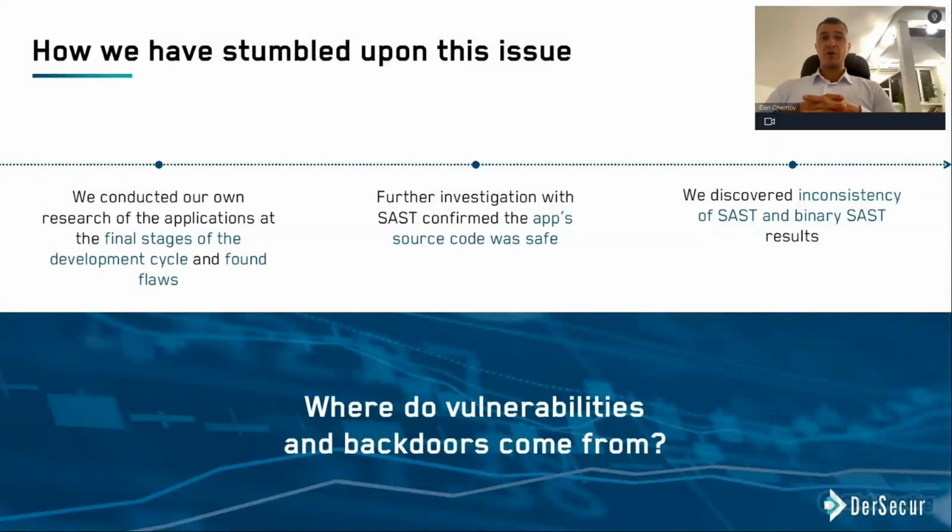And we were really surprised. Some of the vulnerabilities uncovered by binary testing of production apps were absent from the results of our source code testing. So we scrutinized this case again and again, revisited it several times, until we arrived at the conclusion that the inconsistency was not due to our errors, but it was caused by the compiler itself.